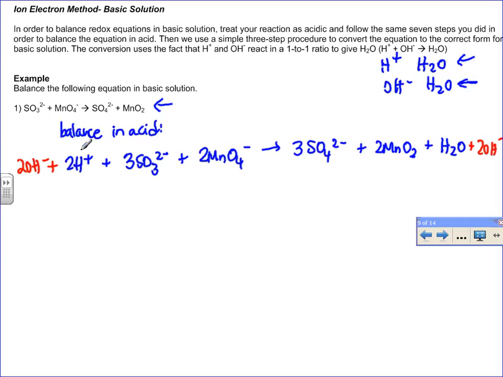Then what I'm going to do is combine these here. This really is equal to 2H2O. So I'm going to combine them, and I've also got H2O on this side. So if I've got 2H2O on the left and 1H2O on the right, what that actually means is that what's left over is 1H2O on the left-hand side.